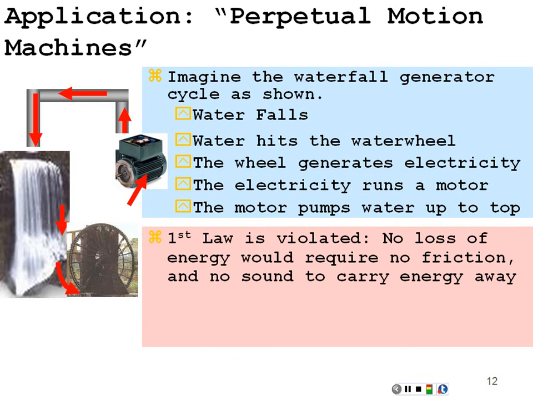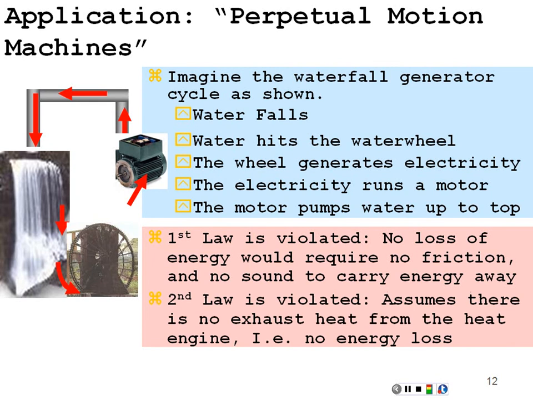This machine cannot work perpetually, because for it to work perpetually, we'd have to assume that energy was conserved every step along the way. There would be no energy lost to friction. There would be no sound, because sound is energy, so there'd be nothing lost in every step of the way. You wouldn't be able to hear anything. No loss to friction. That would violate the first law of thermodynamics.